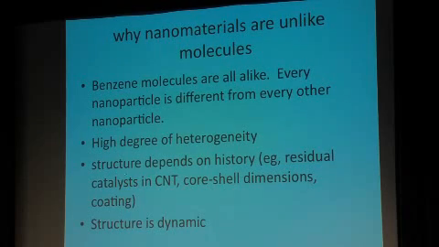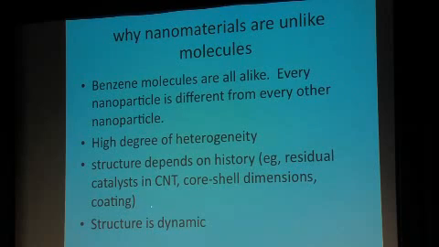In particular, the structure and reactivity of the nanoparticle depends on its history. Effects like the residual presence of catalysts in carbon nanotubes and the history of how a sample is prepared are going to affect the dimensions of core shell structures, for example.